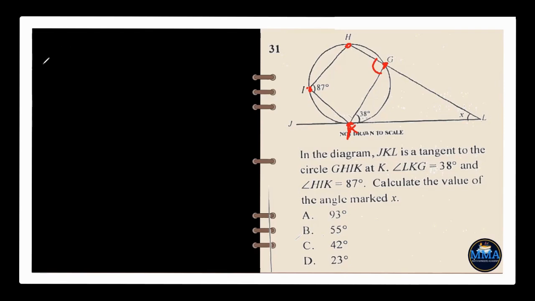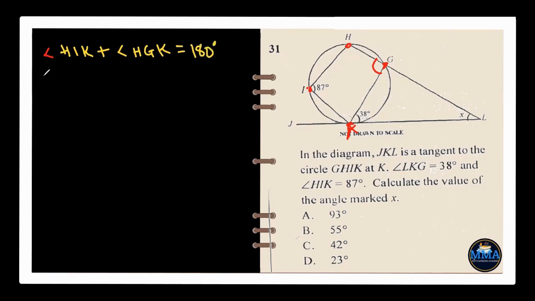So let's put it in the geometry format. We'll say angle HIK plus angle HGK equals 180 degrees.